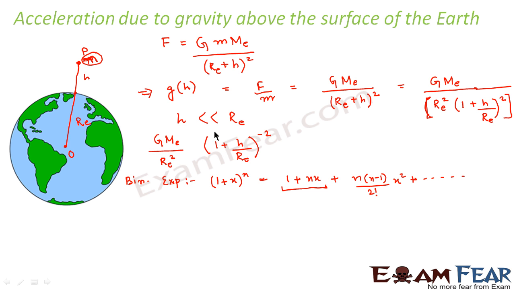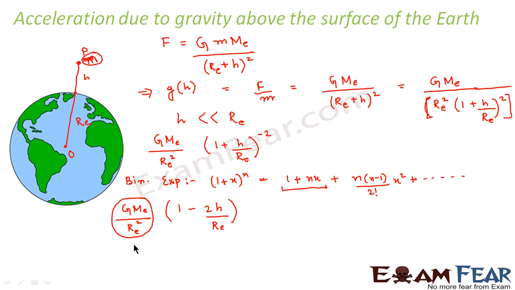So expanding this binomially, what do we get? We get G M E by Re square, which we leave as it is, times 1 plus nx. Here n is minus 2 and x is h by Re, so this becomes 1 minus 2h by Re. Now, what is G M E by Re square?